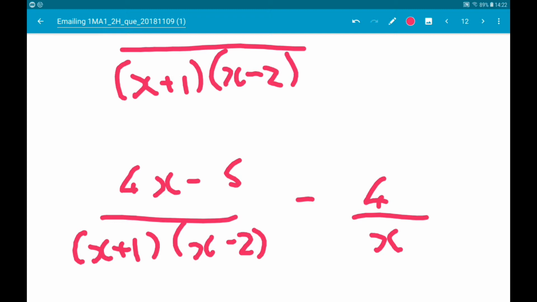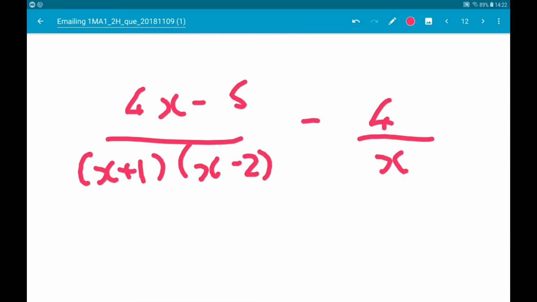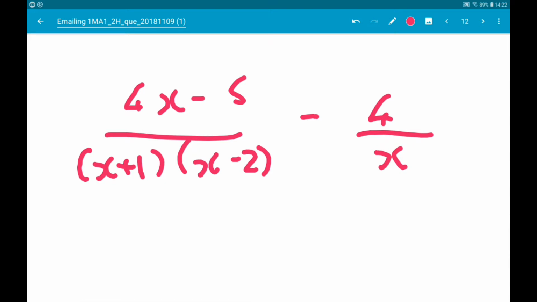Okay, so go for common denominators again. So we need to multiply the top and bottom of the first one by x.